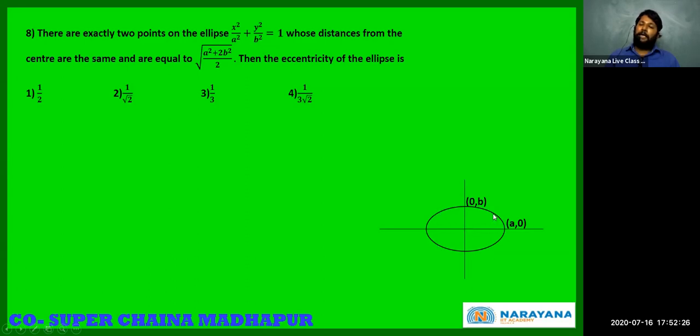So when you reflect any point about the x and y axis, you will get a set of 4 points with the same distance from the origin, which means that is going to happen for most of these points, right? Every point that doesn't lie on the axis will exhibit that property. Which means for this to be true, this distance must be either the minor axis or the major axis, correct?